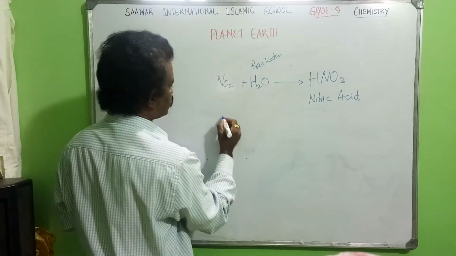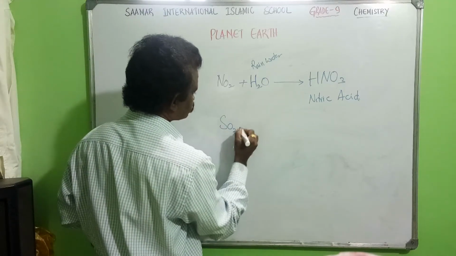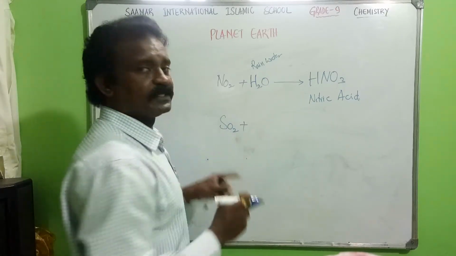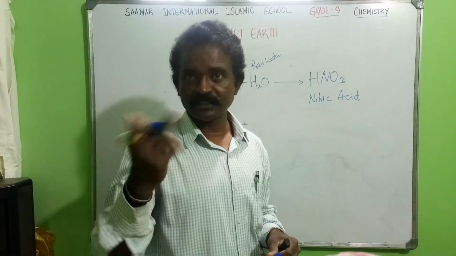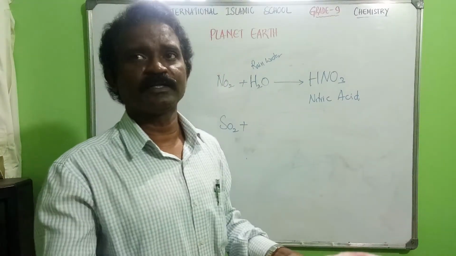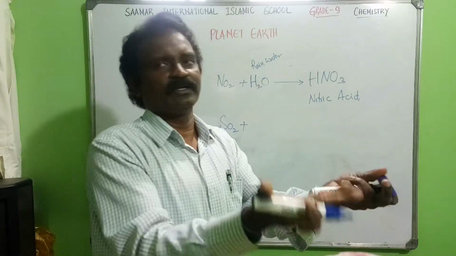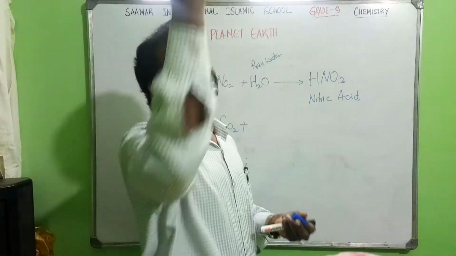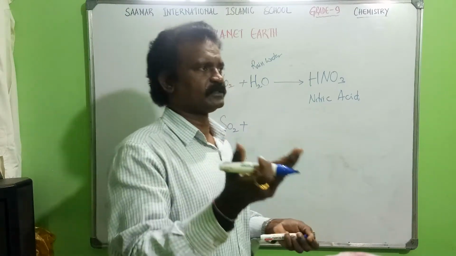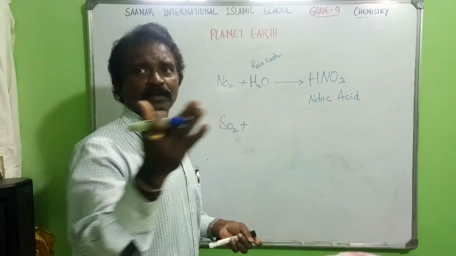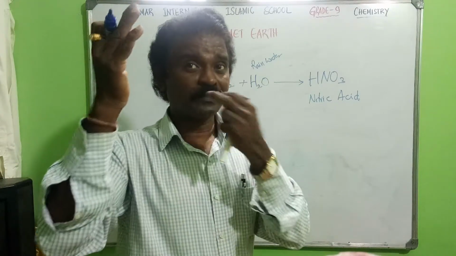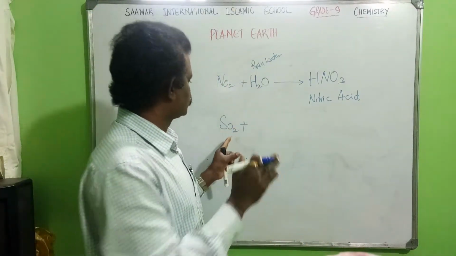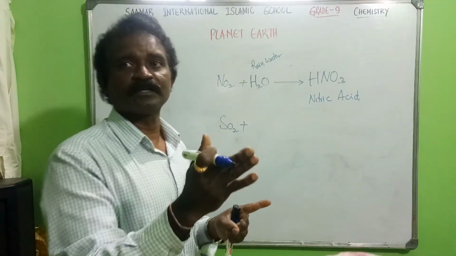Next, sulfur dioxide. Sulfur dioxide is released from the factories. It is released from our oil, wherever oil is used. Now, for example, you are making kebab. When you are making kebab, the oil is burned. So sulfur dioxide is released. When you make chapati, you can see the burning thing going up. All these are nothing but the oil. Whenever the oil is burned, the sulfur dioxide is released to the atmosphere.